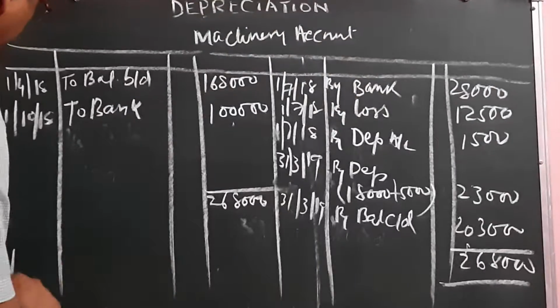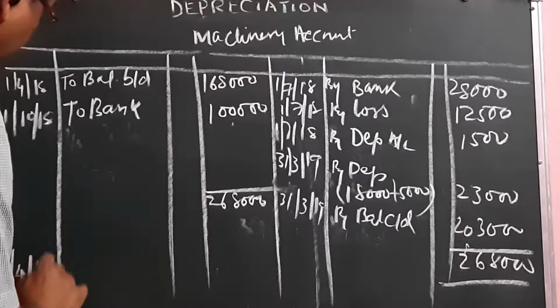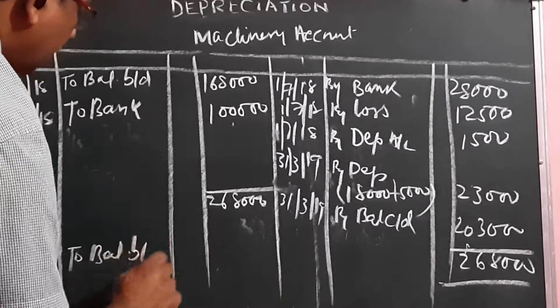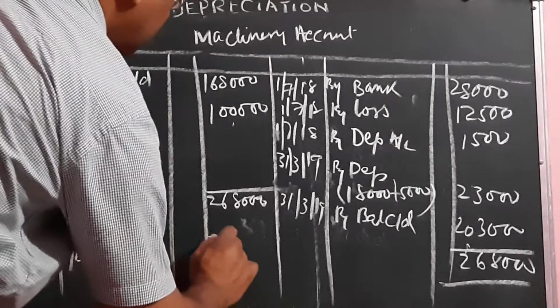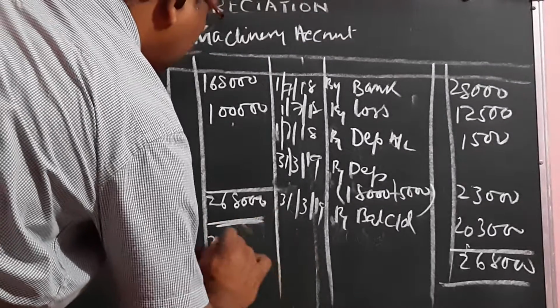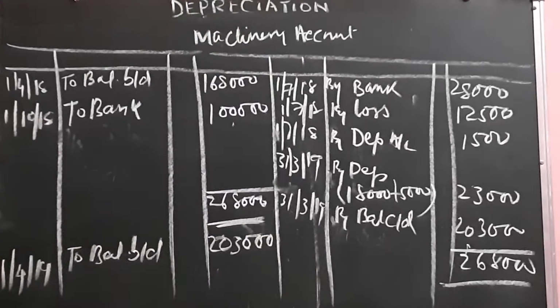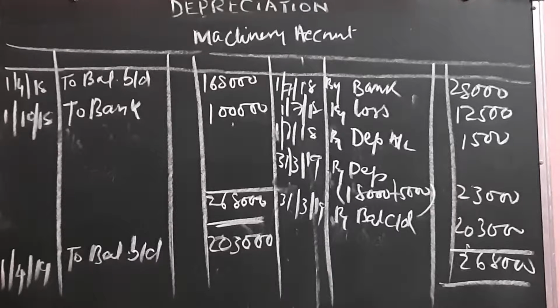So on 1st April 2019, the value of machinery is 2,03,000. So in this way we can solve question number 8. Very easy question, the number of machines are different, so we can find out here.